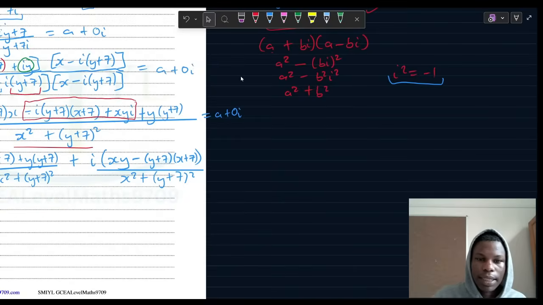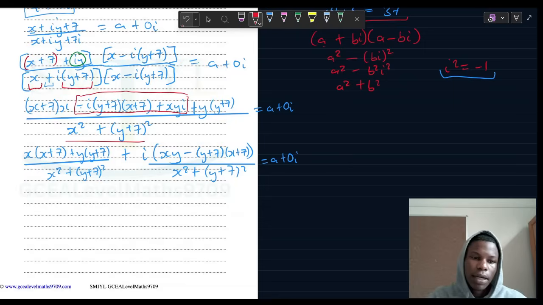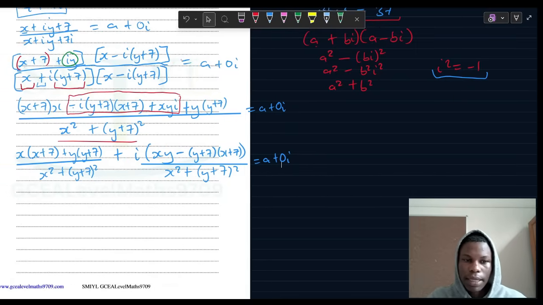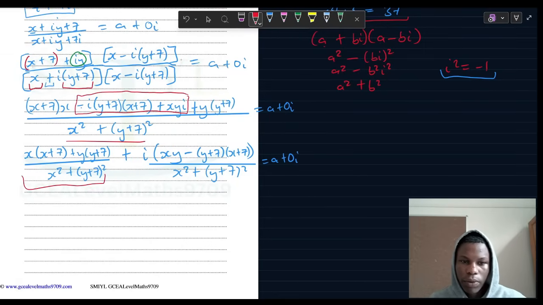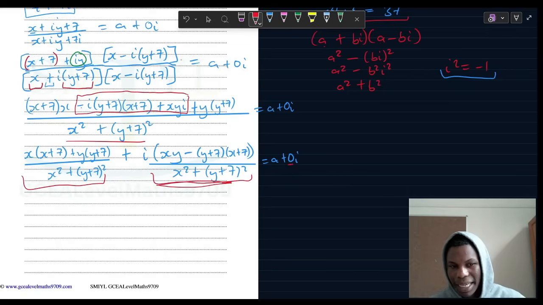And we know that this has to be equal to a plus 0i. And so I hope that you can see that this is the real part, this is the imaginary part. We know that our imaginary part has to be equal to 0. We don't really care too much about the real part, because that equation is not going to lead to anything useful.